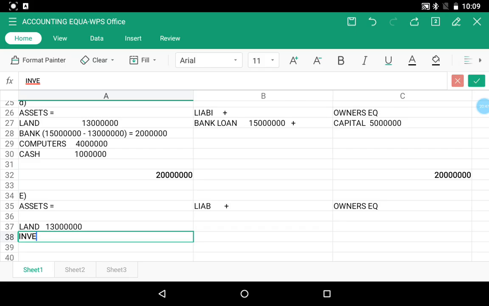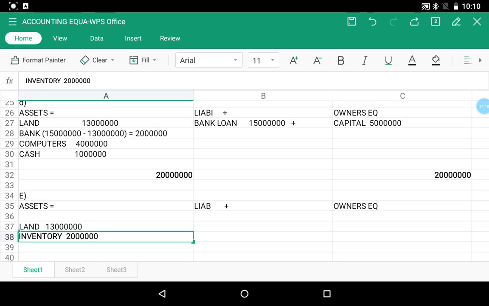Remember what I said, he bought, but on credit. When it is on credit, it affects liability and inventory. But when he buys using cash, it reduces cash. When he buys using a check, it reduces the bank account. But this time it was bought on credit. That means we have our inventory worth 2 million, because they said they bought goods worth 2 million.